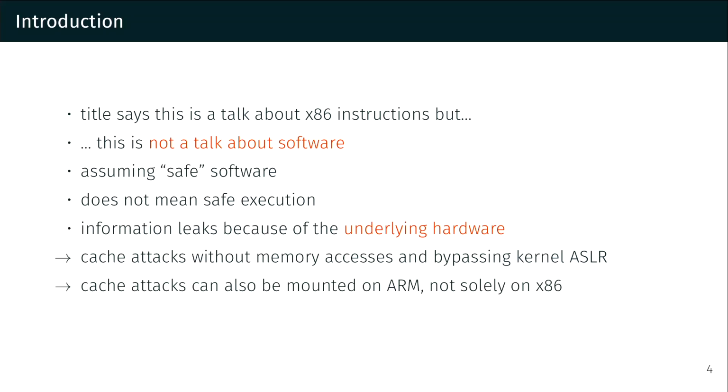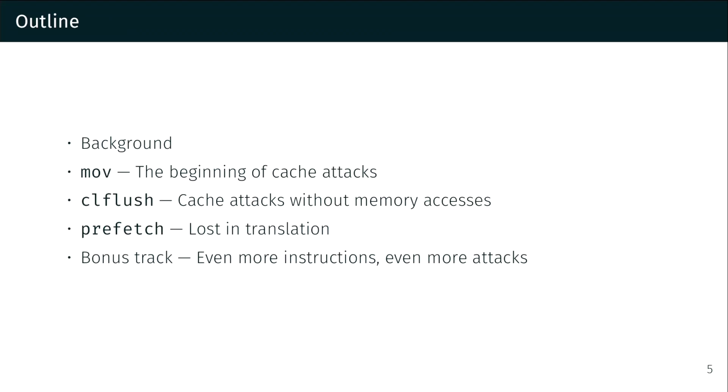Again, the talk says it's a talk about x86 instructions, but this is even more global than that. We can also mount these cache attacks on ARM and not only on x86. So some of the examples that you will see also apply to ARM. Today we'll have a bit of background, but actually most of the background will be along the lines, because this covers really a huge chunk of our research.